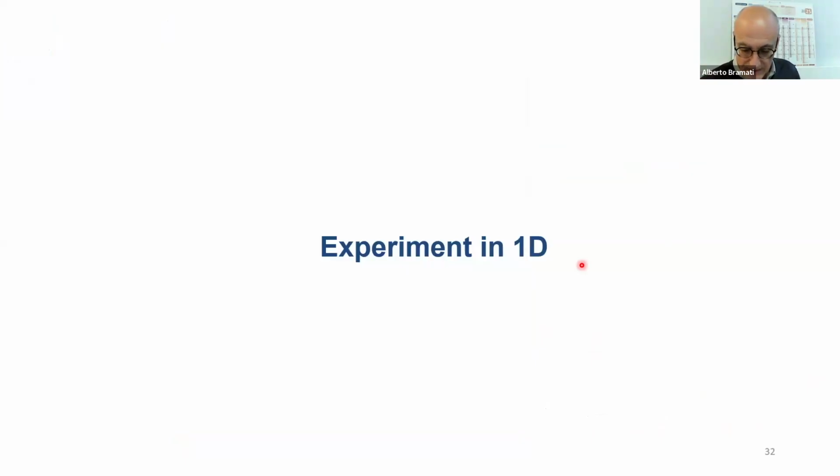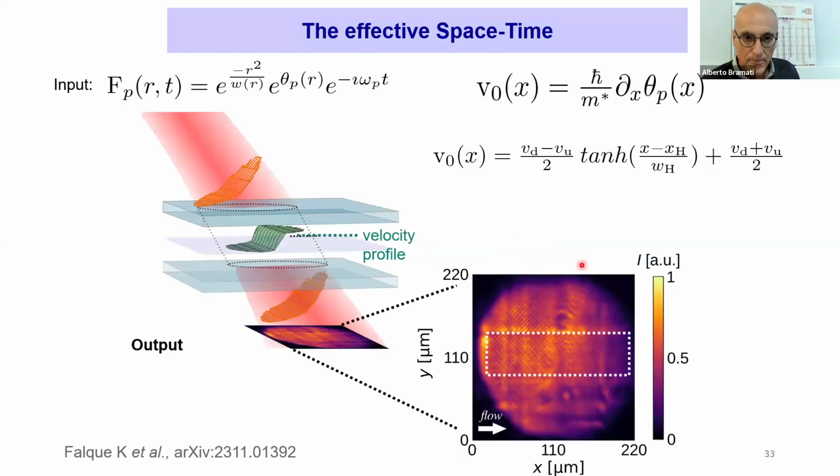We have done an experiment in one dimension. The idea is to exploit the fact that we can indeed shape the phase of the fluid, because we are in a resonant excitation. So we imprint the phase of the fluid with our laser, and then it is possible to control the speed of the fluid, which is just given by the gradient of the phase of the fluid.